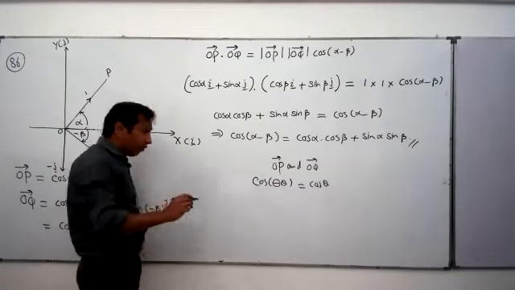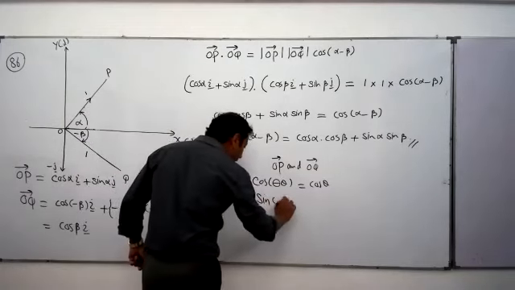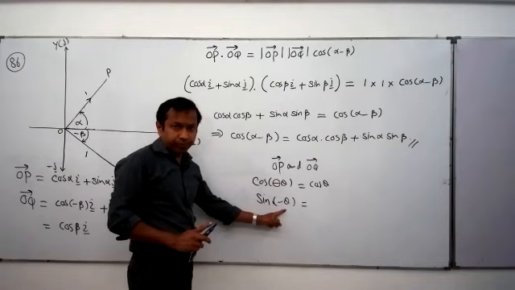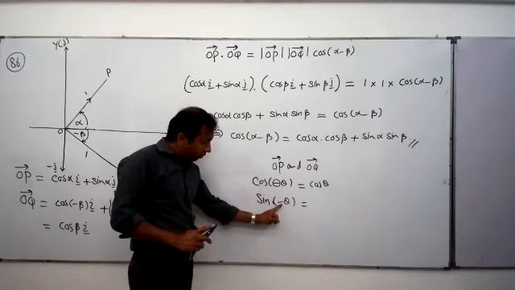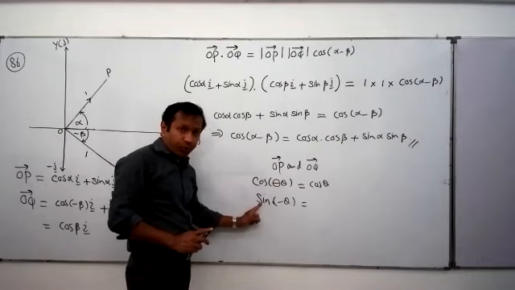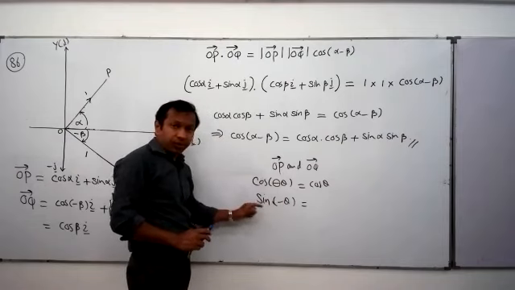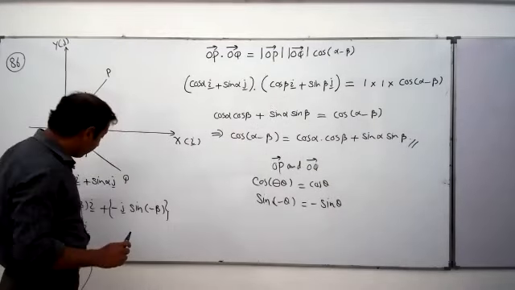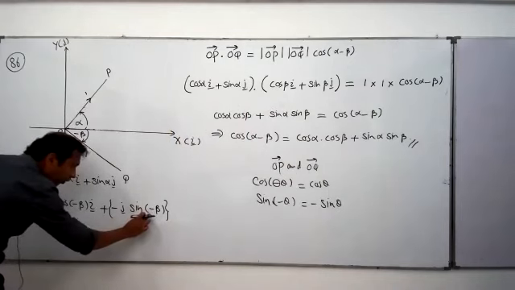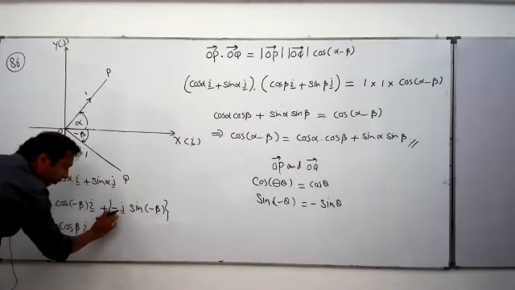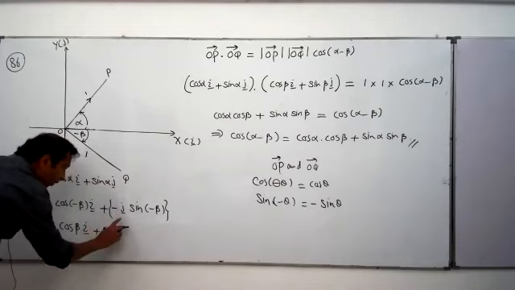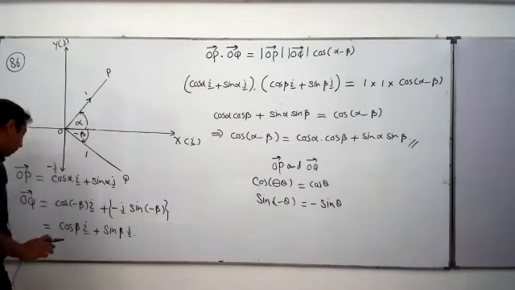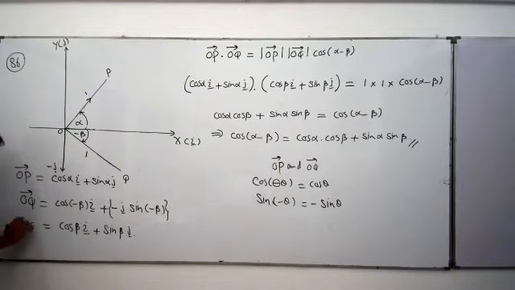And you know, people, when we have sine of a minus angle, sine minus theta, since the trigonometric ratio is sine here, this minus sign you can take out. Sine minus theta is minus sine theta. Once you take this minus sign out, that minus and this minus make plus, people. Then we get sine beta j. Then this is the OQ vector.